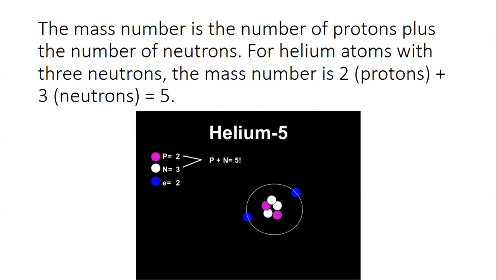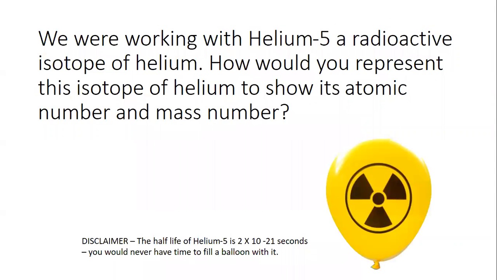The mass number is the number of protons plus the number of neutrons. For helium atoms with 3 neutrons, the mass number is 2 protons plus 3 neutrons, for a total of 5. We were working with helium-5, a radioactive isotope of helium. How would you represent this isotope of helium to show its atomic number and mass number?